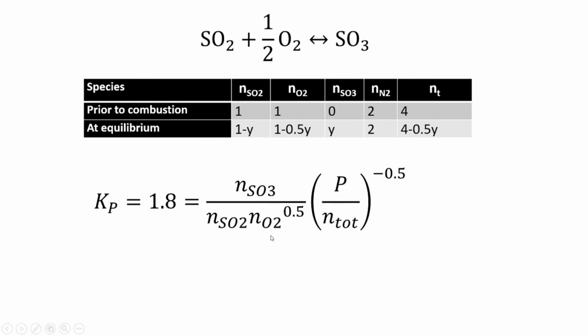And so here I've regrouped these. I now have the pressure divided by the number of moles total raised to the power of minus 0.5, and here just n, the number of moles.